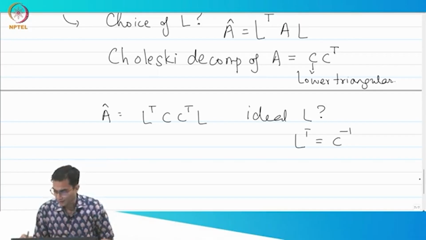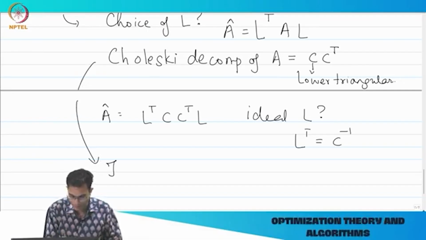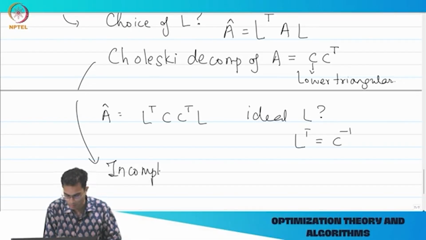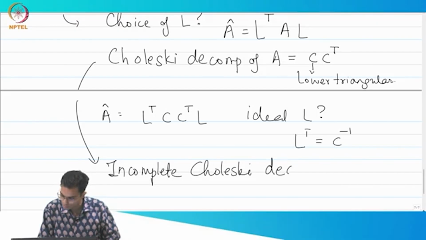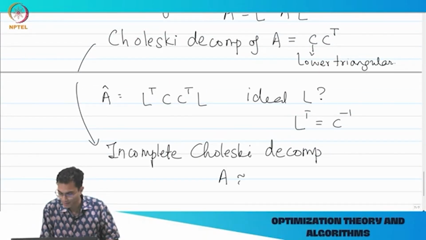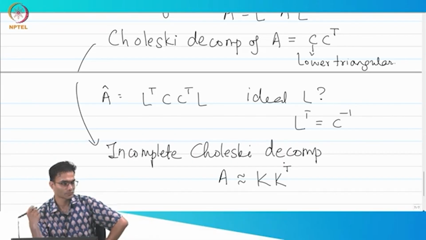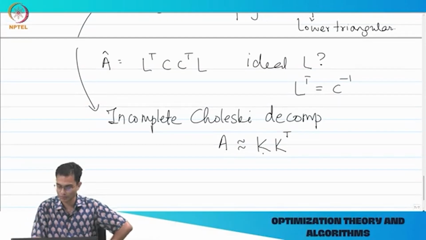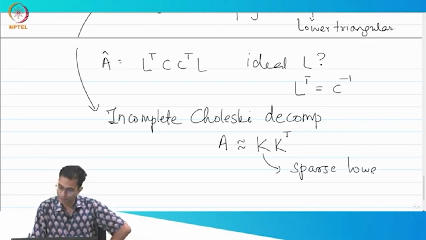However, here comes the real rabbit out of the hat. There is something called an incomplete Cholesky decomposition, which says that A could be approximately written like this, K K hat, where K has a very interesting property. K is very similar to C, in the sense that K is a sparse lower triangular matrix.